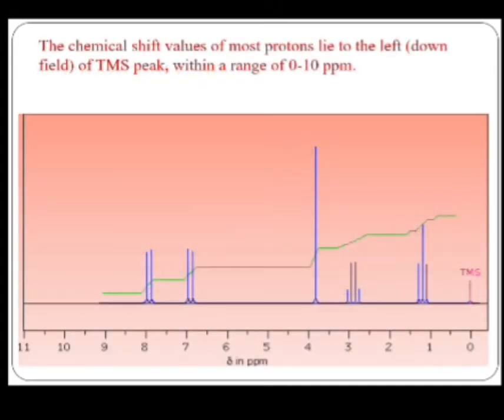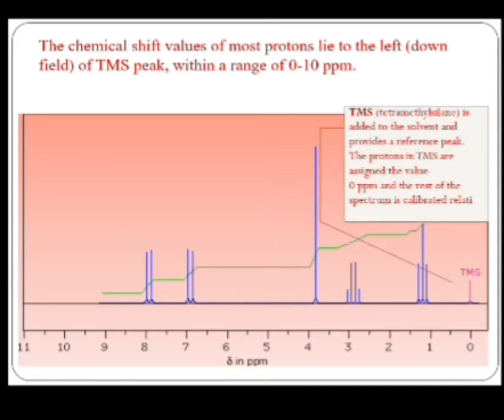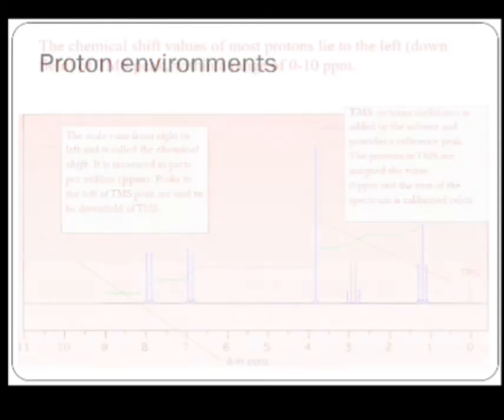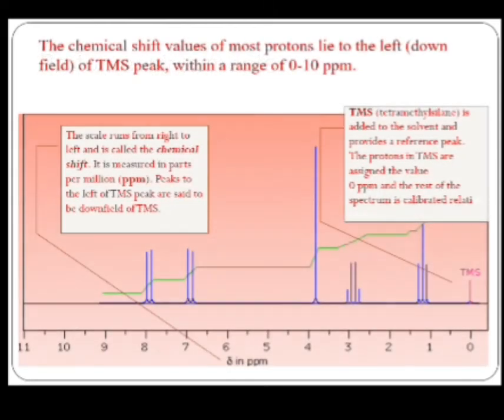So friends, look at this graph, which represents upfield and downfield. The chemical shift value of most protons lies to the left of the TMS peak, within a range of 0 to 10 ppm. This is the NMR graphical representation.